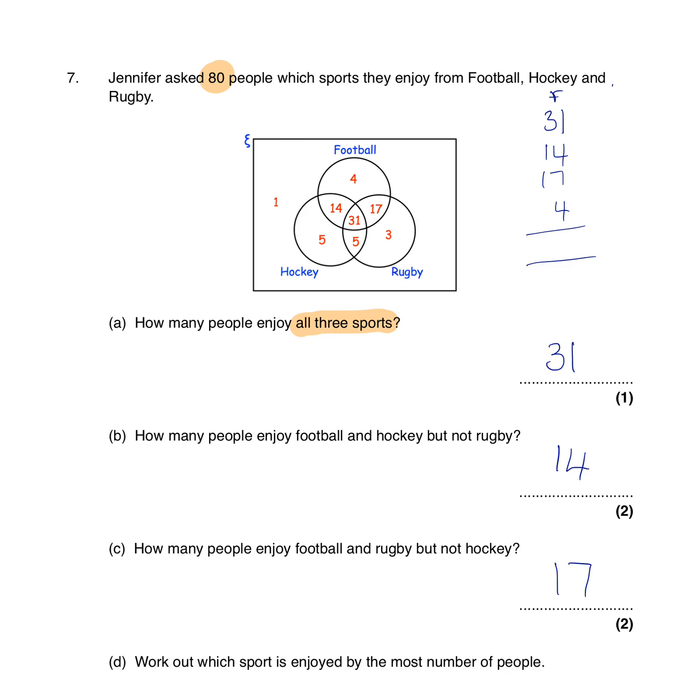The hockey circle has a 31, 14, 5 and 5 in it. And the rugby circle has that 31, 17, 5 and 3.